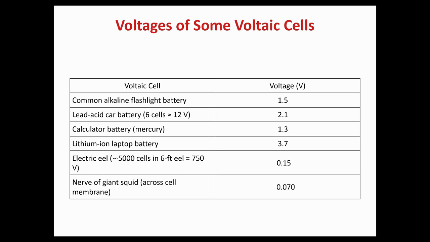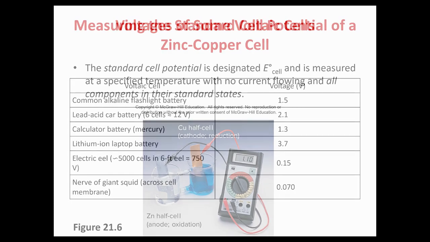See what a very high energy battery. Okay, and then here's some electric eel, 0.15, and the nerve of a giant squid, 0.070. And at the end, I'm going to speak a little bit about applications of this in biology and biochemistry.